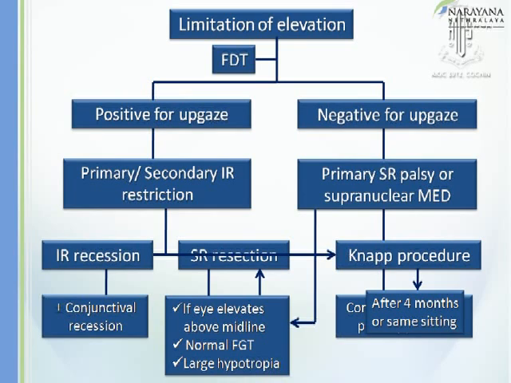However, if it is negative for upgaze, that means it's either a primary superior rectus palsy or a supranuclear cause, then we can do a NAPS procedure. And this usually corrects about 20 to 35 prism diopters in primary position. However, if that does not work alone, then it can also be tried with a superior rectus resection if this fits in the above criteria as I mentioned.